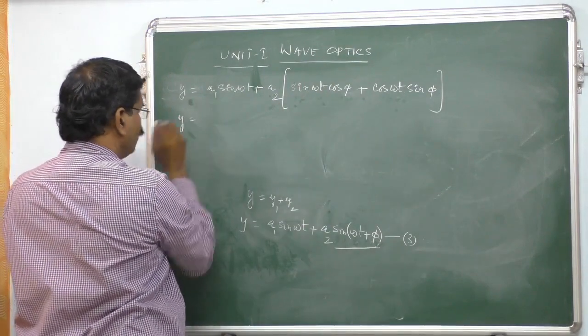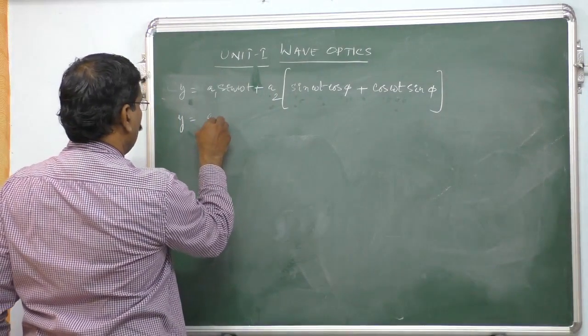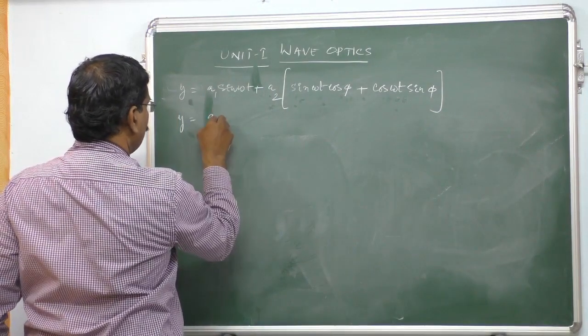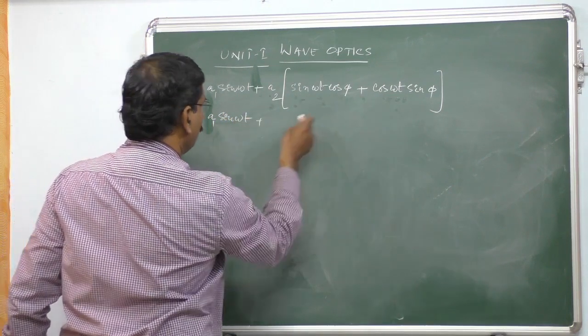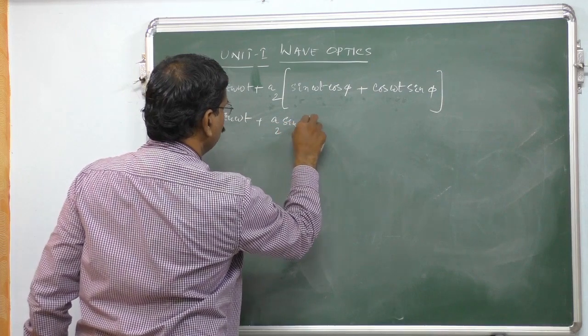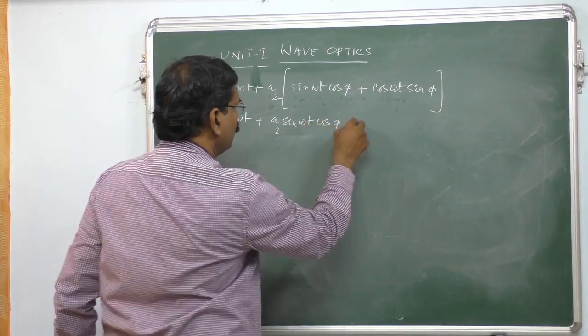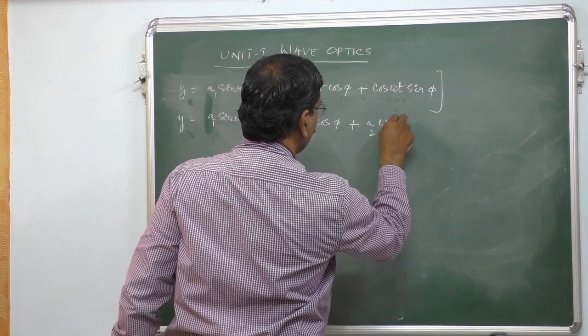That implies y is equal to a1 sin omega t plus a2 తో లోపల మల్టిప్లై చేద్దాం. a2 sin omega t cos phi ప్లస్ మళ్ళీ a2 తో లోపల a2 cos omega t sin phi.